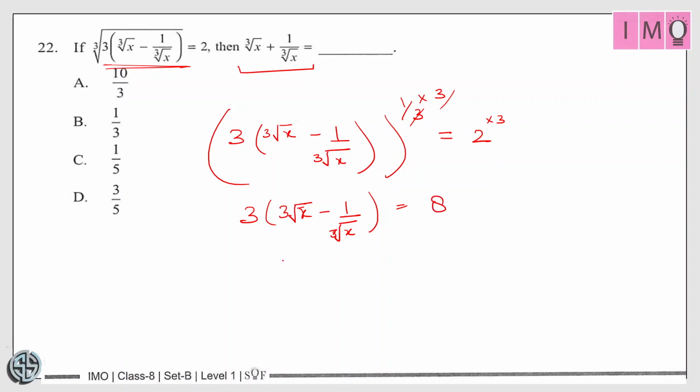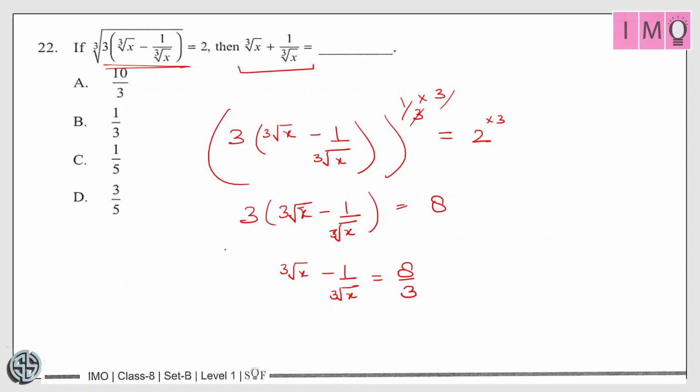So when you solve it here, what you will get? You will get the value of cubic root of x minus 1 upon cubic root of x will be equal to 8 upon 3. But you have to find the value of this one. So how will we find this?